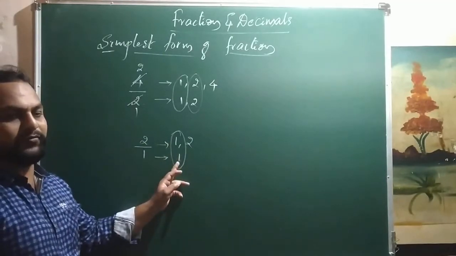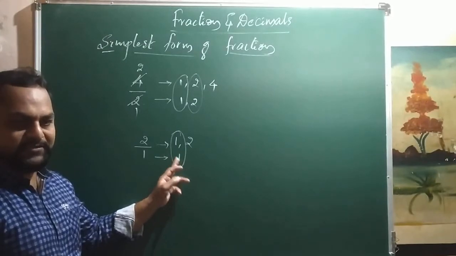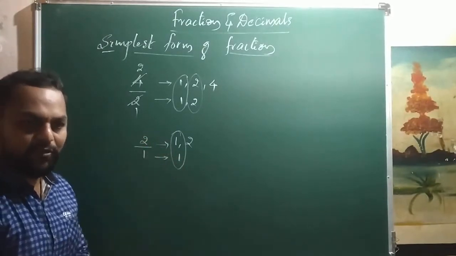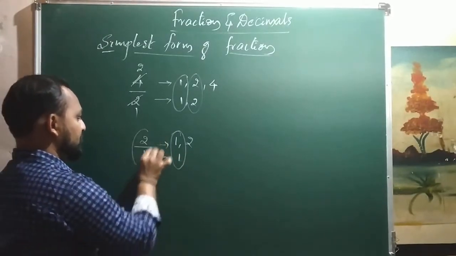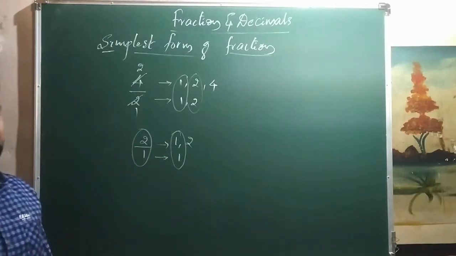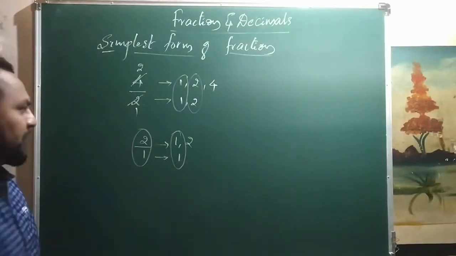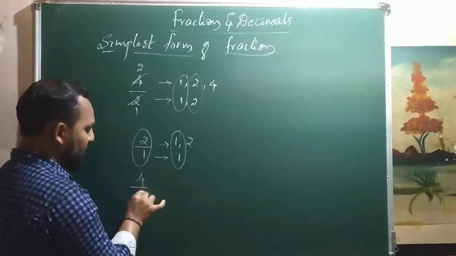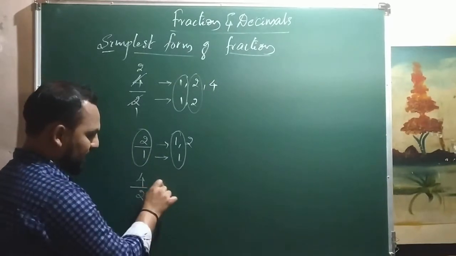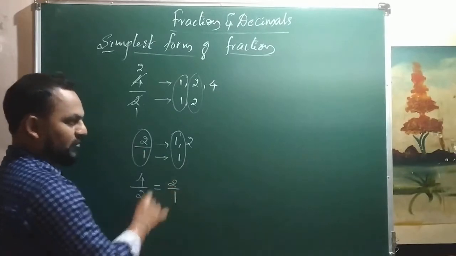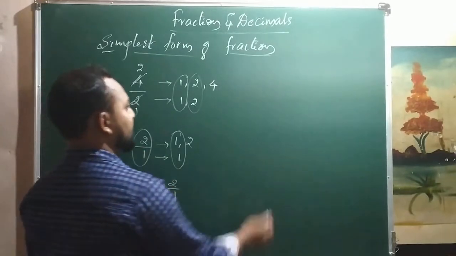The common factor of numerator and denominator is 1. Then this is in the simplest form. So the simplest form of 4 by 2 is 2 by 1.